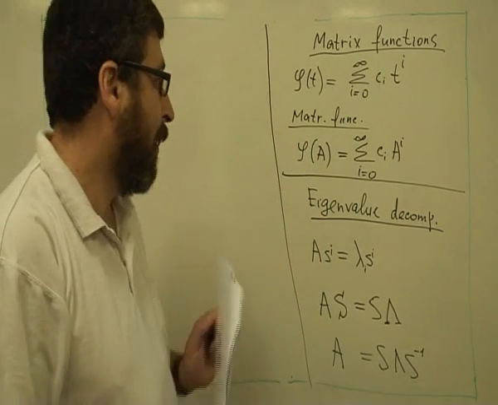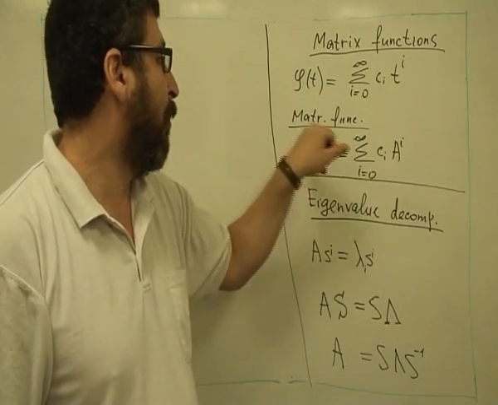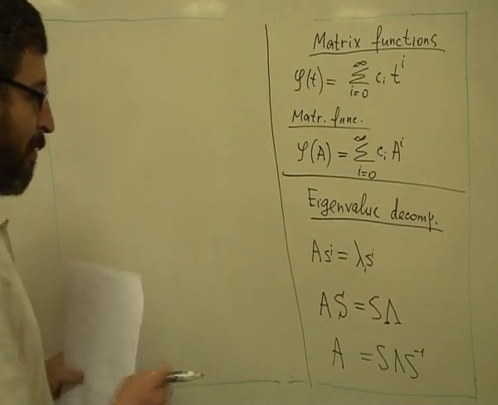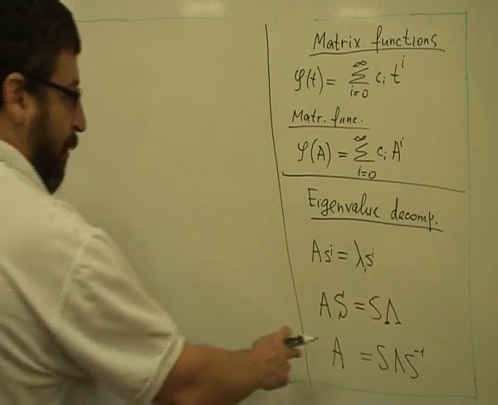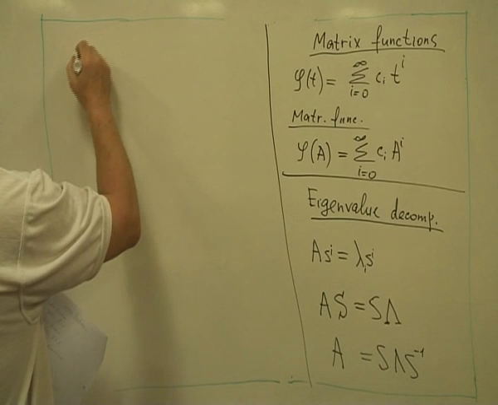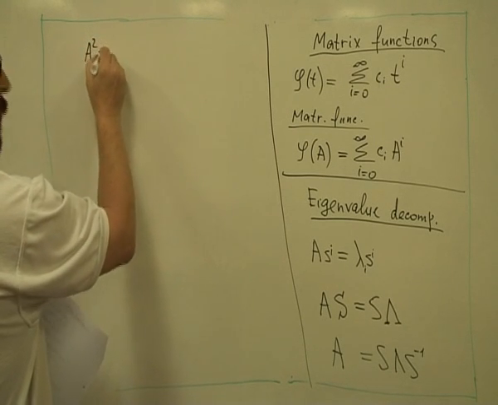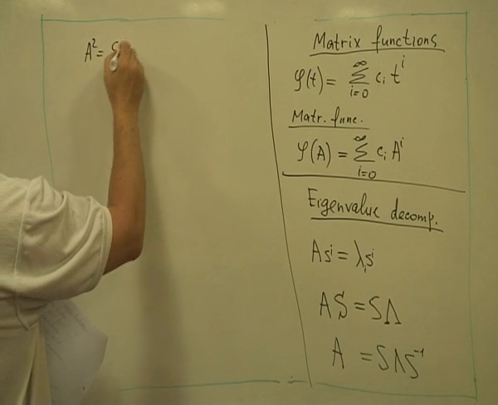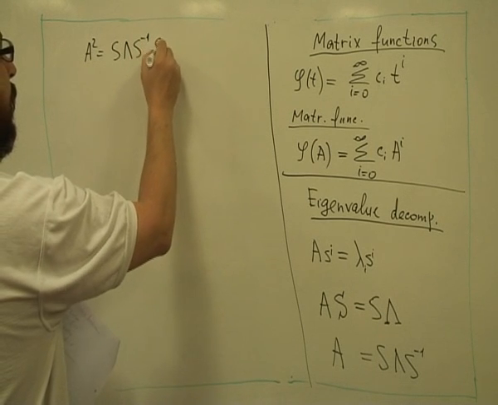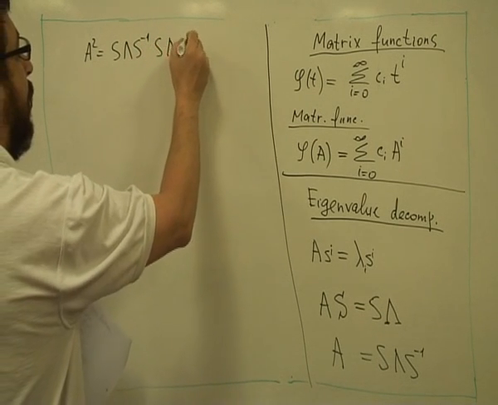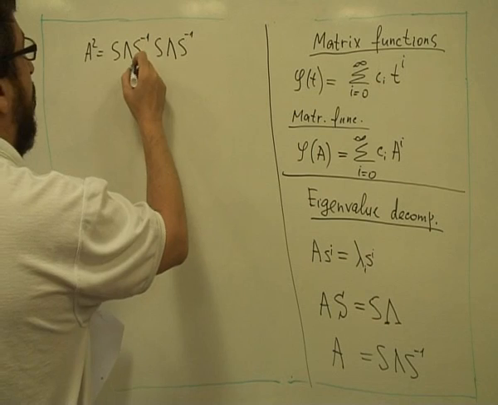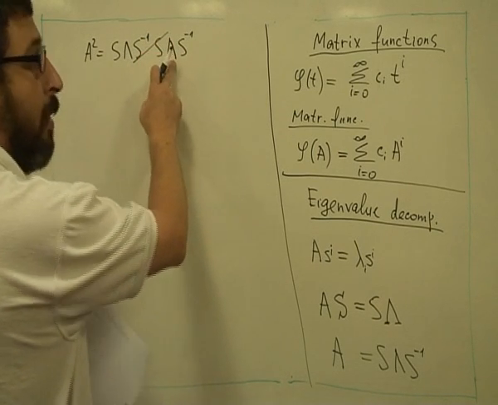Now you see that for a matrix function I need powers of matrix A. Let's see what A squared will be in this case. I just substitute S lambda S inverse, again S lambda S inverse. So it's A by A. Okay, the inner S inverse S will cancel, leaving lambda by lambda.